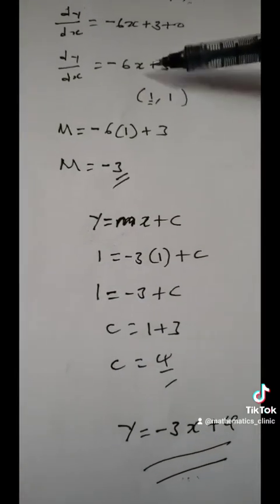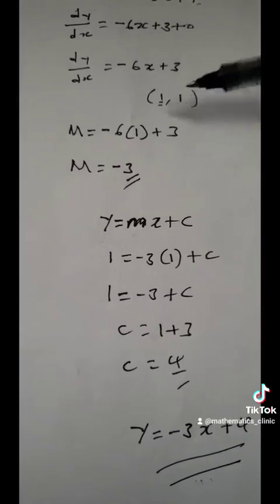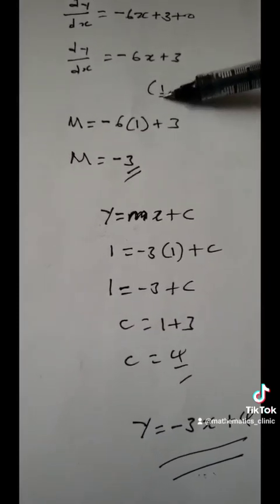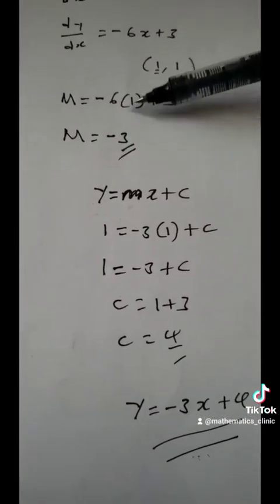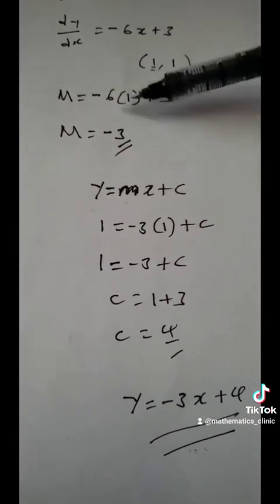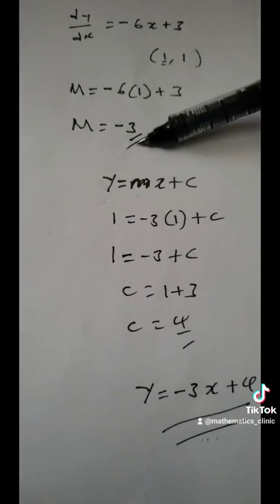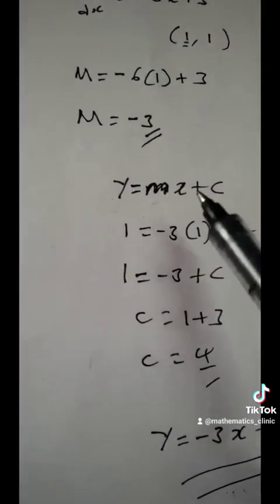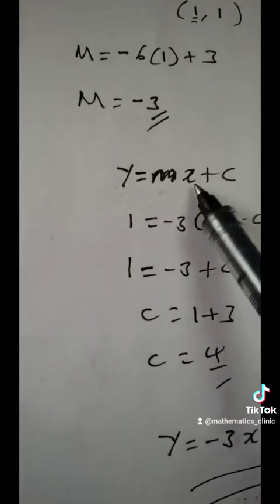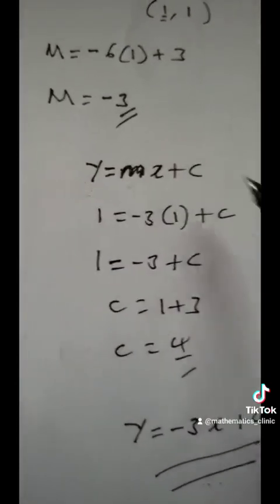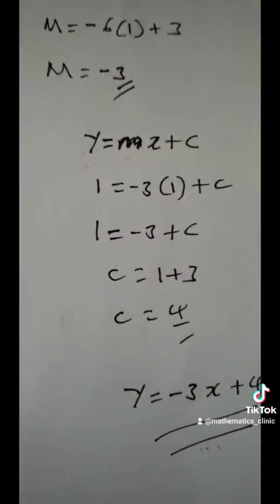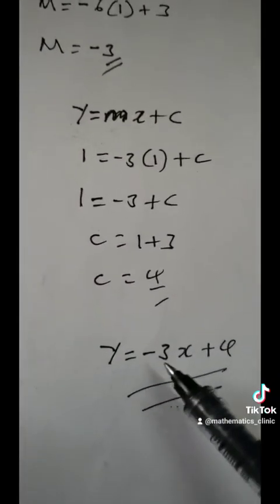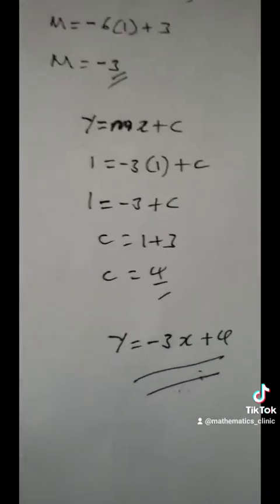Then we used the given point 1, 1: where there is x, put 1, so negative 6 times 1 plus 3 is negative 3. That's our gradient. Then where there is m, I put negative 3, where there is x, I put 1, and where there is y, I put 1, so that I find the y-intercept. I found the y-intercept to be 4. Then y is equal to negative 3x plus 4 is my equation.